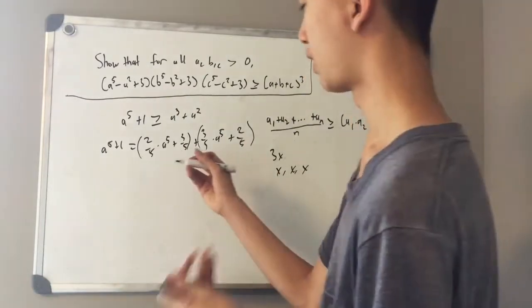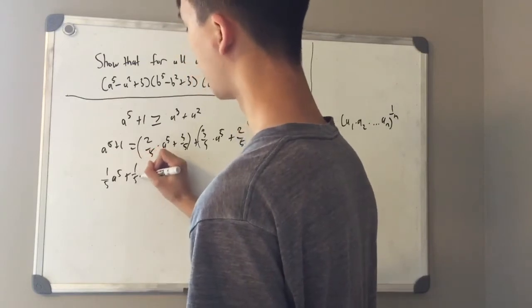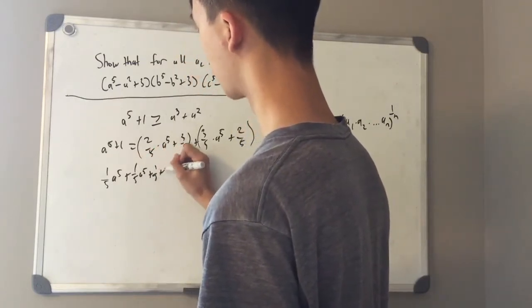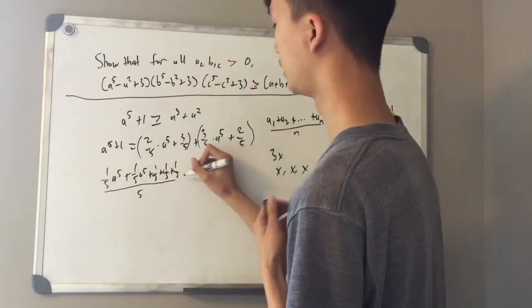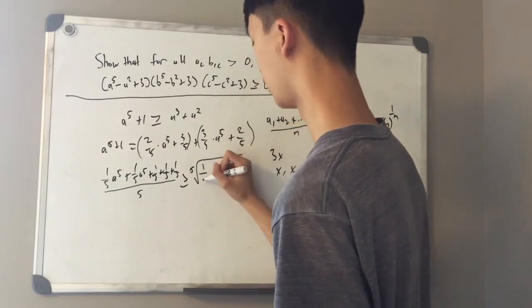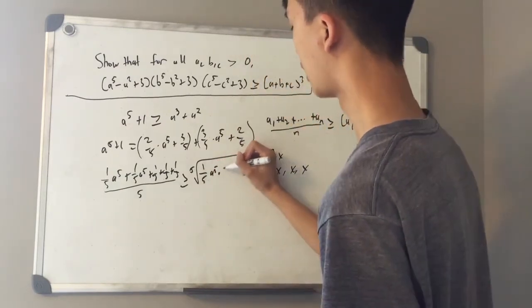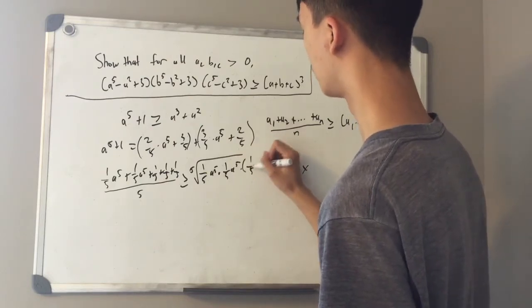So I have 1 over 5 times a to the 5 plus 1 over 5 times a to the 5 plus 1 over 5 plus 1 over 5 plus 1 over 5, all divided by 5, is greater than or equal to the fifth root of 1 over 5 times a to the power 5 times 1 over 5 times a to the power 5 times 1 over 5 cubed.